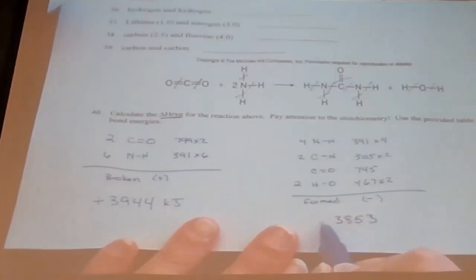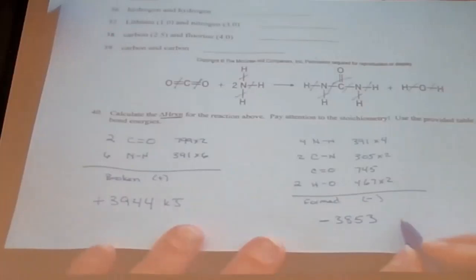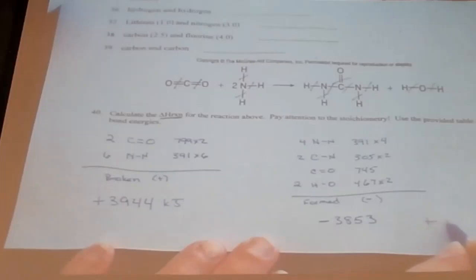All right, so this is all subtracted off, and we end up with a positive 91. So take this positive number, subtract off this number, and I end up with a positive 91 kilojoules per mole.